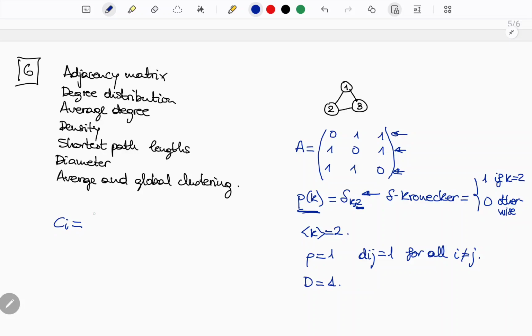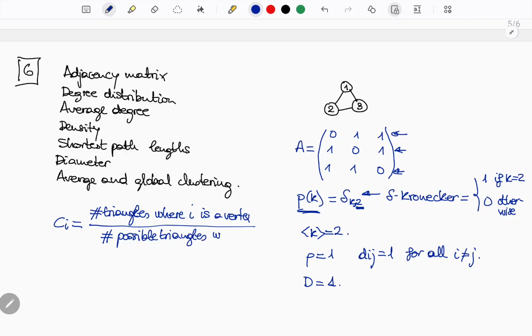So in this case, remember that it is the number of triangles where i is a vertex, divided by the number of possible triangles, where i is a vertex, okay? Remember that that's the idea.